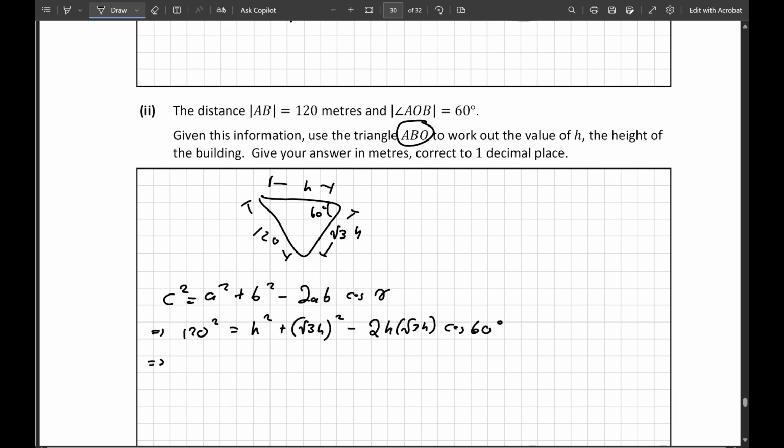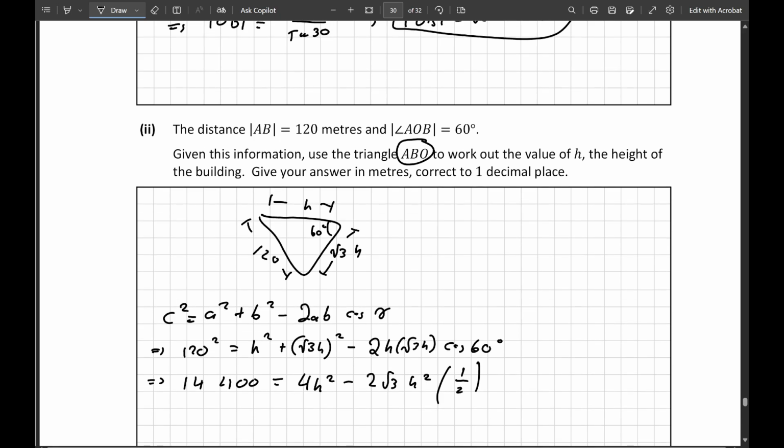A lot of calculator work here. So 14,400 equals h squared plus 3h squared, so that's 4h squared, take away 2 root 3h squared times cosine of 60, which is a half.